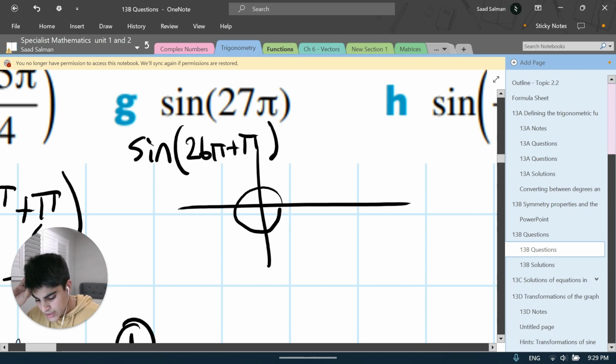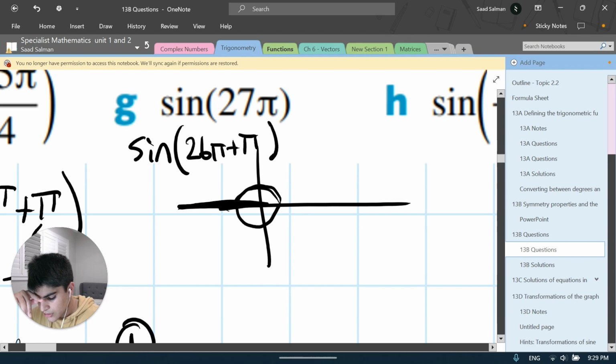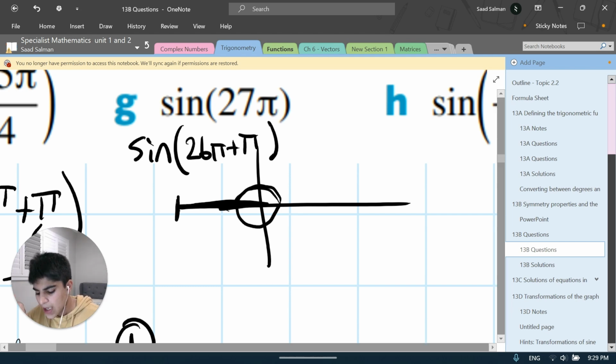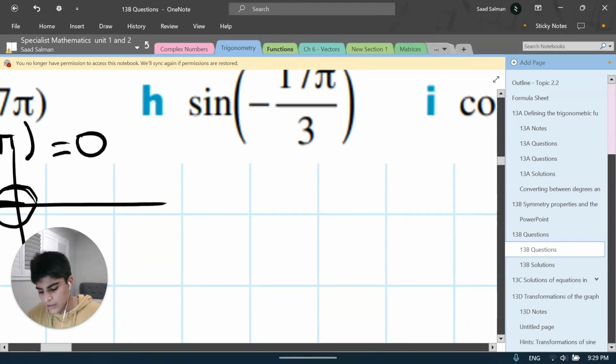So let's say this is 26 pi, 13 full revolutions, plus pi, which makes this value 27 pi. At this point, the sine is 0 because the x value would be negative 1, cosine would be negative 1, but sine would be 0. So sine 27 pi equals 0.